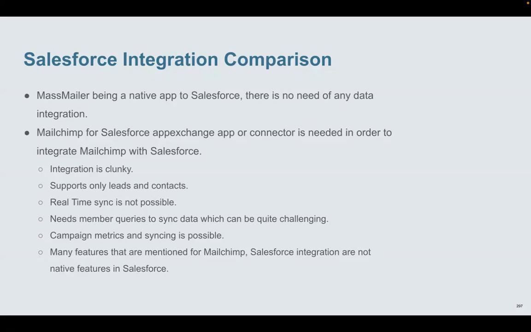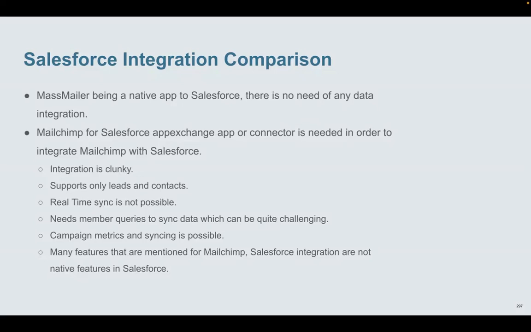And it's not a real-time sync. Also, when it comes to syncing the data, there are certain member queries and a little bit of complexity involved there. Depending on whether it is a connector or an AppExchange app, the syncing would be different in each solution. Also, you can't sync metrics. That's not possible with campaigns.